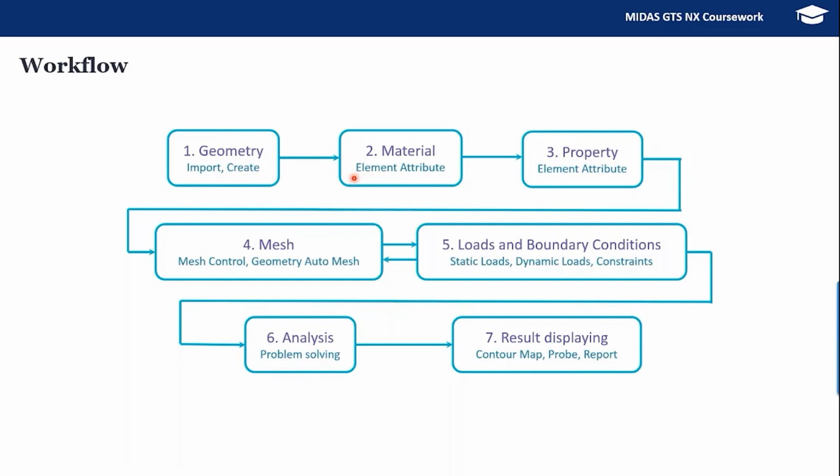So we need to care about the creation of material for soil, and then assign a solid property to the soil layer. Then we will mesh the geometry, followed by loads and boundary conditions.